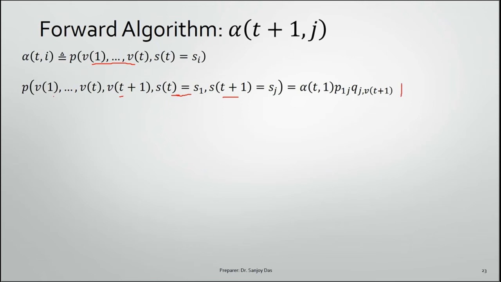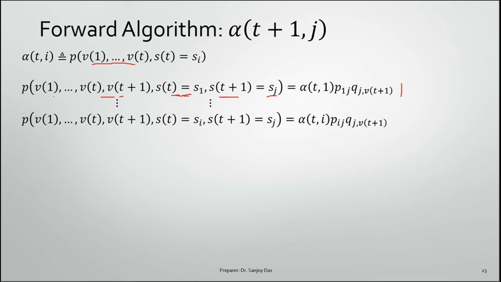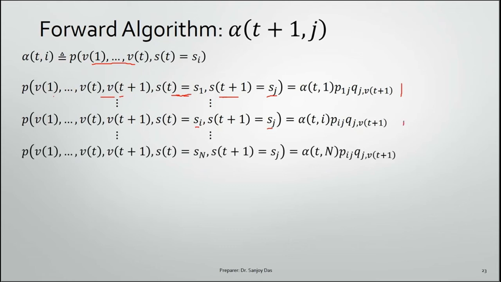This is the probability of the output sequence until vt plus 1, the state at time step t being S1, and jumping from S1 in the next time step to state Sj. And in general, for the time step t, the state being Si, and then jumping to state Sj in the next time step is given by this expression here, summed until Sn, St equals Sn.